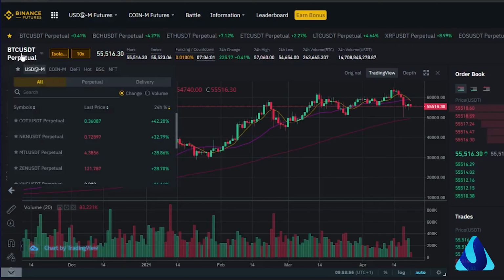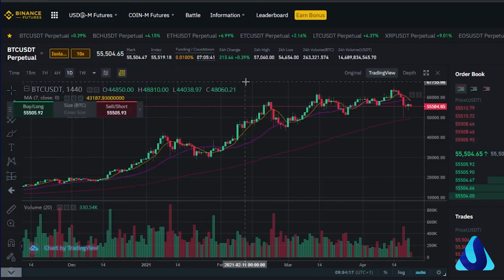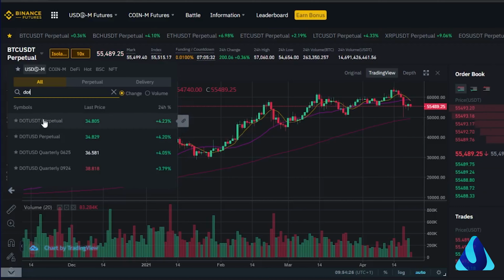As you can see, we're currently on the BTC USDT perpetual. Now you can put in here Cardano, and as you can see now, ADA USDT perpetual. You can change it via volume, so what's been traded the most, or by 24-hour change in percentages. Let's say maybe you want to work with DOT, and again the same thing: DOT USDT perpetual.